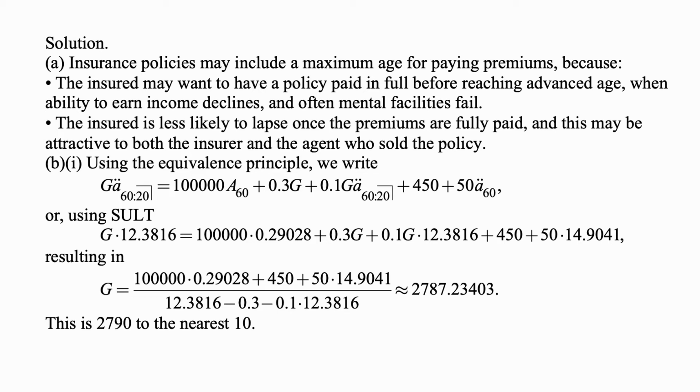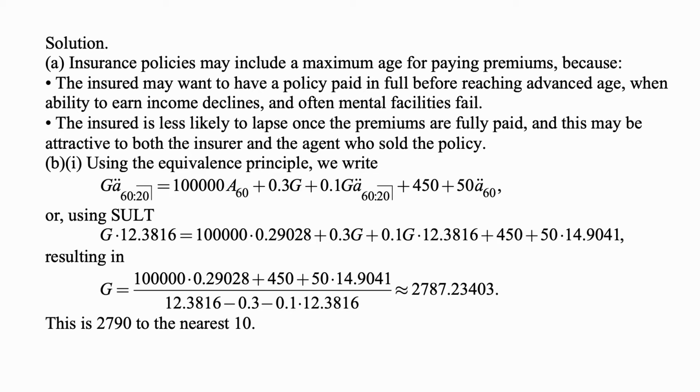Now, 40% is the total amount of the expenses, but we split this into 30%, a one-time payment, and 10% that happens every year, and that 10% is 0.1 G ä:60:20, plus $450 one-time expense plus 50 every year, including the first one.